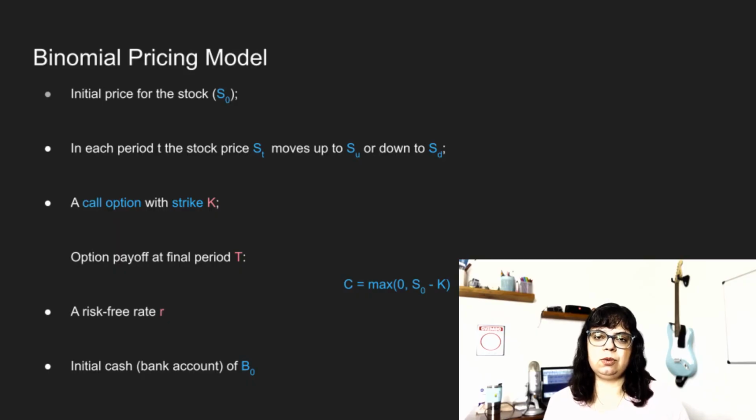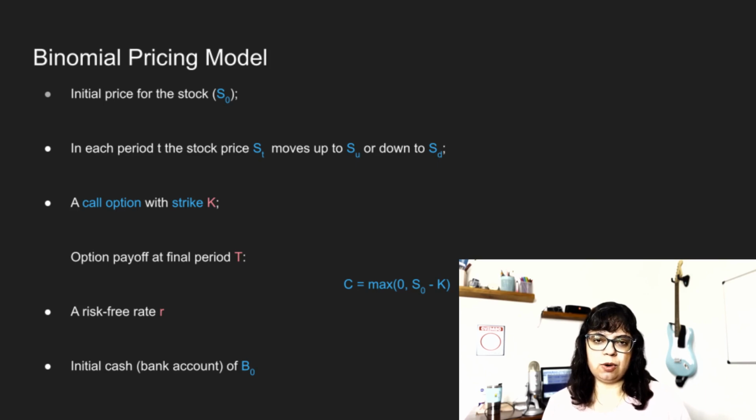Now that we know what an arbitrage opportunity is, we can move on to the model. We are going to consider a call option on an underlying, and we are going to call the initial price of the underlying S0. In each period, this underlying price will move up or down with the same probability.